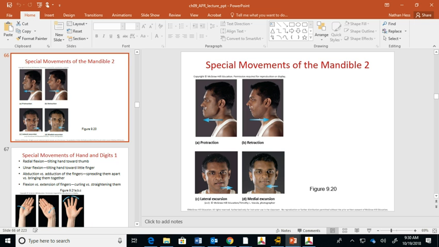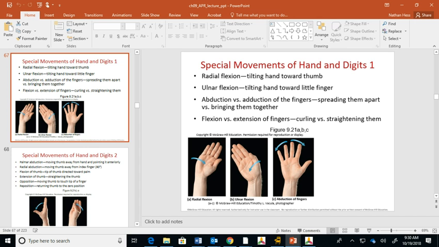So I'm exaggerating. Okay, special movements of the hand. So, you've got your hands up so you can see it. If I bring my pinky toward my ulna, that is ulnar deviation or ulnar flexion.